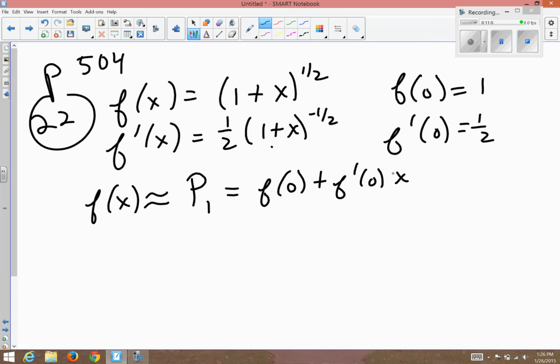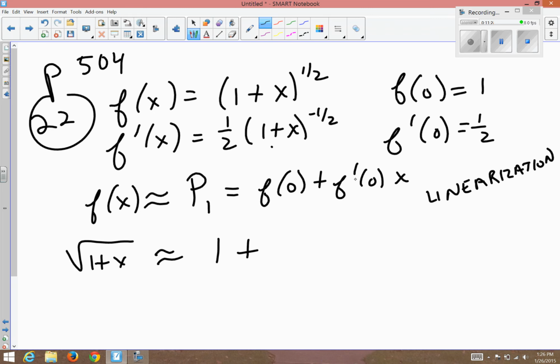If we only go to x to the first power, it's a Taylor polynomial of degree 1, but it's also called the linearization, because this will be the equation of a line. So the function, the square root of 1 plus x, can be approximated by f of 0, which is 1, plus the derivative at 0, which is a half, times x.